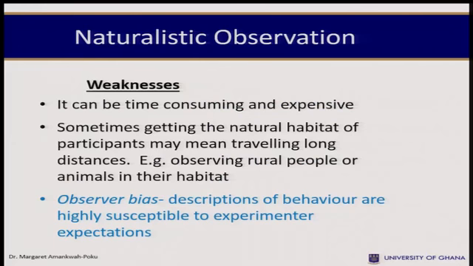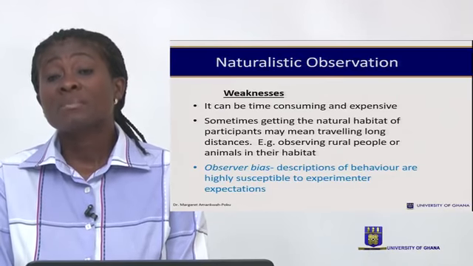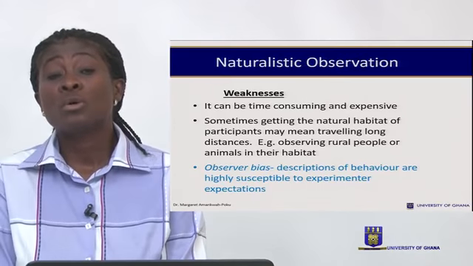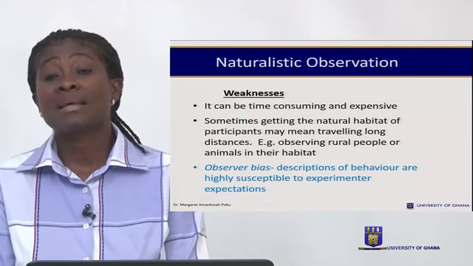A weakness of this method is the fact that it can be time-consuming and expensive. So if you have to sit and observe children playing, you have to observe people in a shopping mall, etc. You want to observe animals in their natural habitat. Sometimes you want to find out, maybe in the animal kingdom, what happens when one animal attacks another animal.